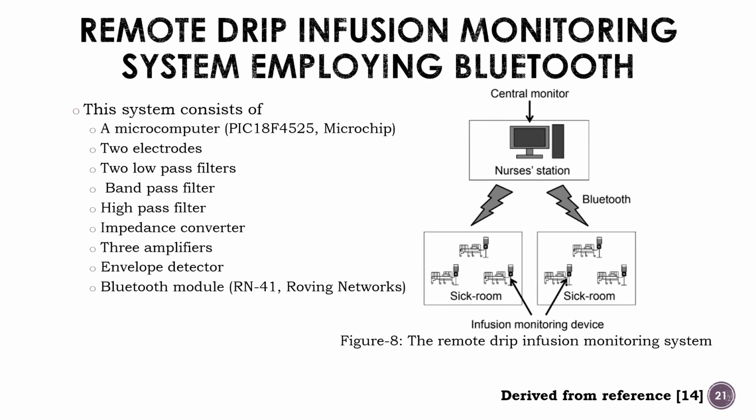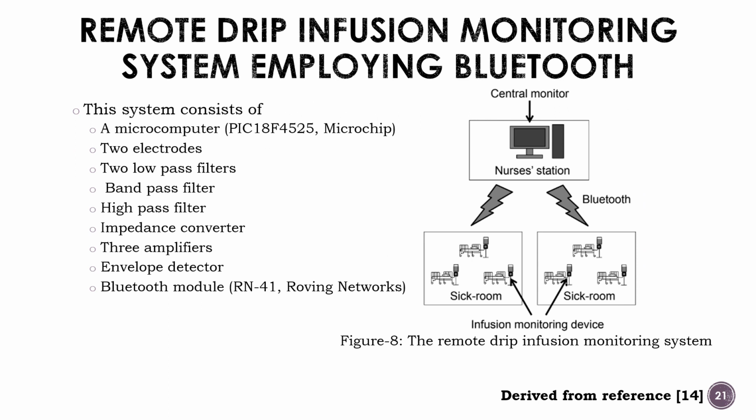So moving on to the next one, it would be a remote drip infusion monitoring system employing Bluetooth. The system is made up of several infusion monitoring devices and a central monitoring computer. Each infusion monitoring device tracks the number of drops, the infusion rate, and the drip rate.